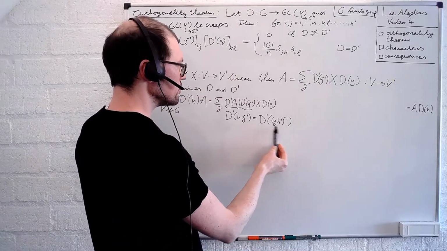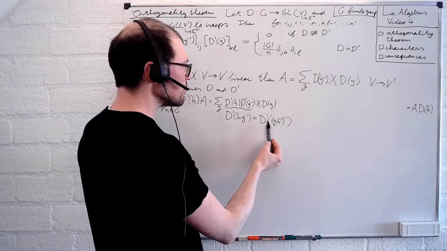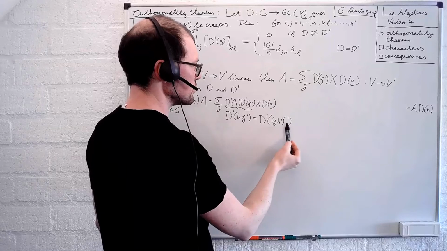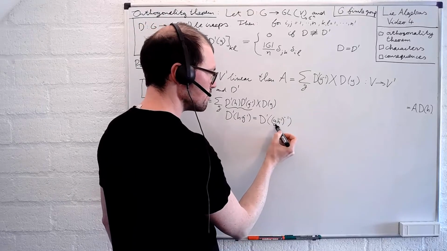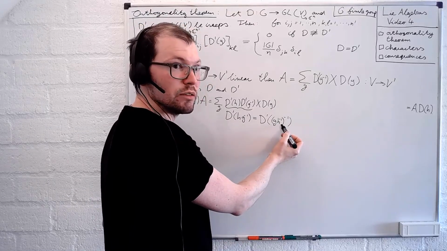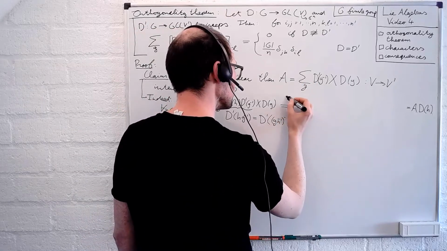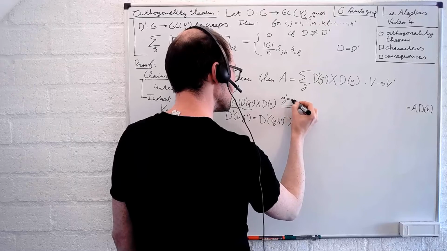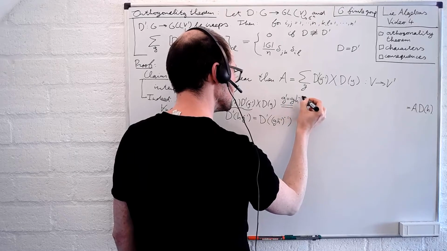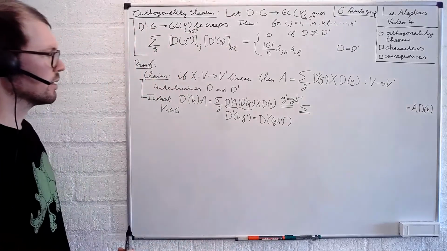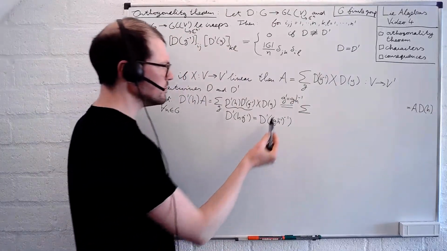And I want to do something to make this look like, again, a D prime of G inverse, so it's nearly that. The only thing I have to do is to change variables from G H inverse to some new element G prime. So I'm going to write G prime is G H inverse.